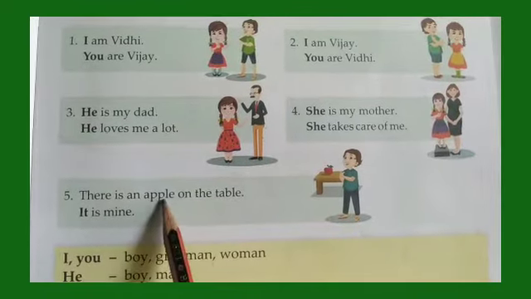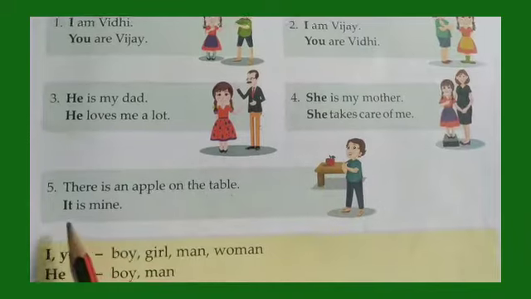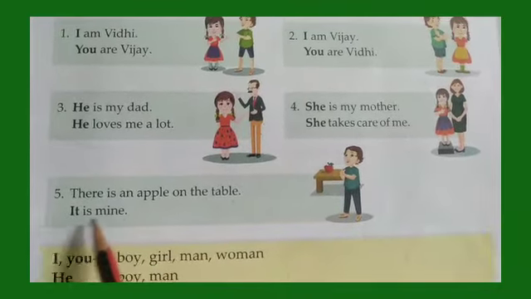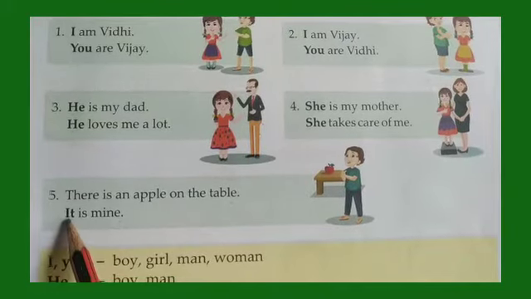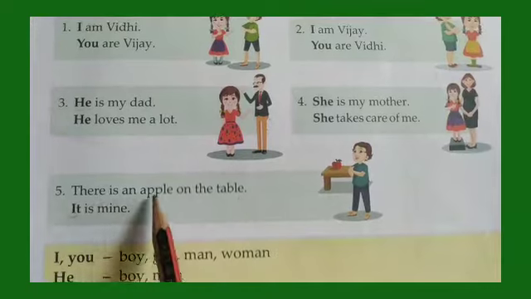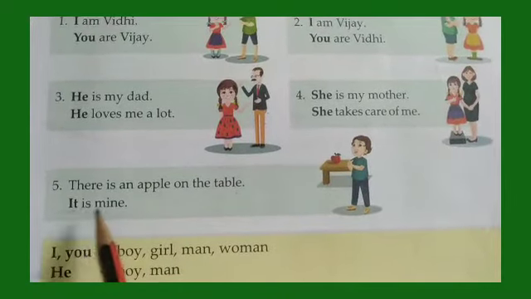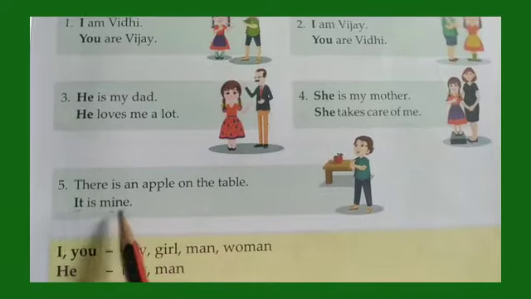There is an apple on the table. So, you see the apple here on the table? It is mine. So, it. Talking about a naming word. Which naming word? Apple. It is mine. So, instead of using apple is mine, it has been replaced with it is mine.